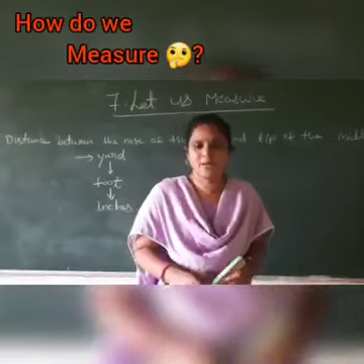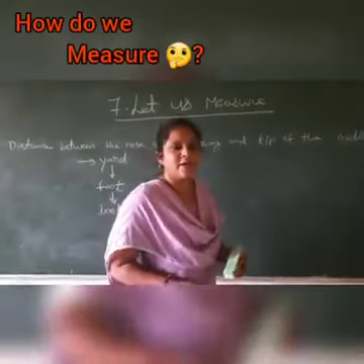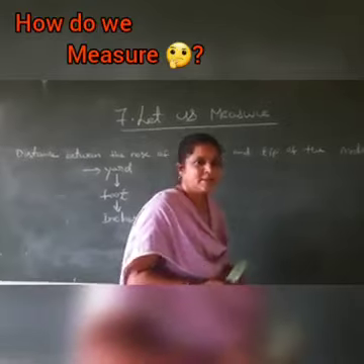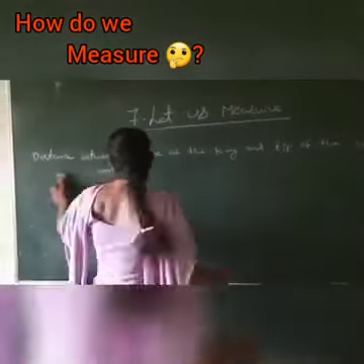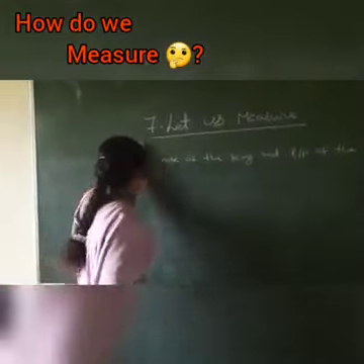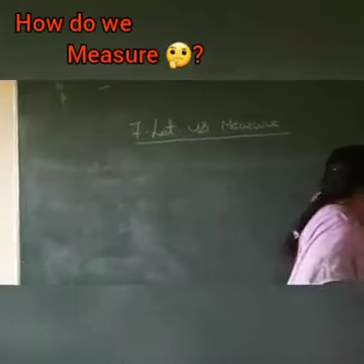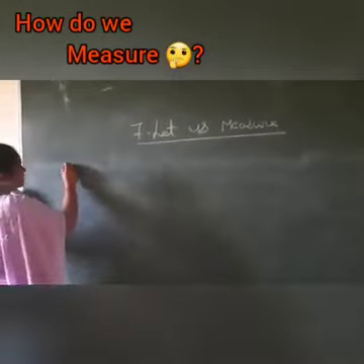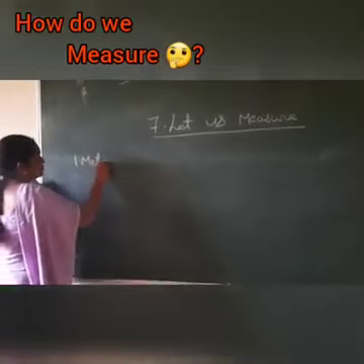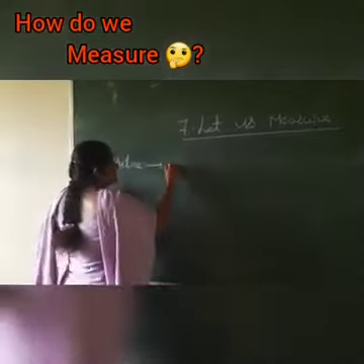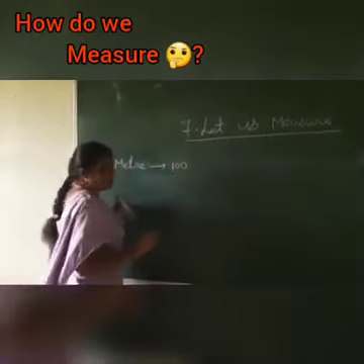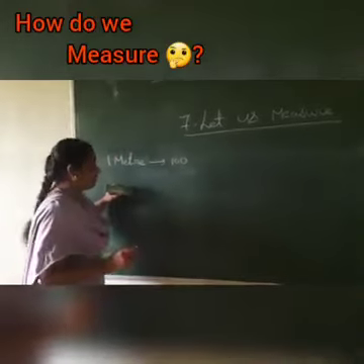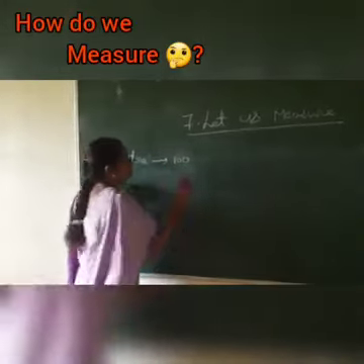The meter scale is divided into 100 equal parts, and these individual parts are called centimeters.